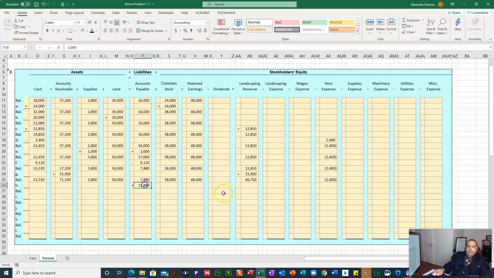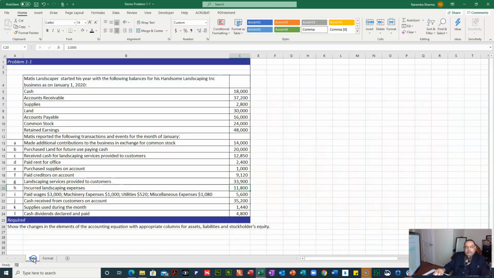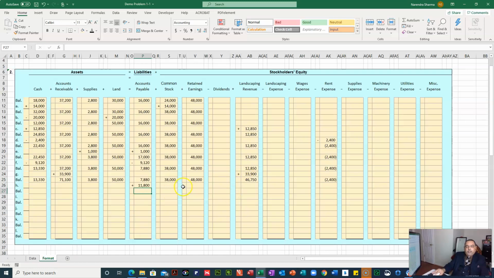Okay, 880 or 800 only it is? I think it is, let's see, 800 or 880. 11,800. So that would be in the accounts payable, and then landscaping expenses will be minus 11,800.